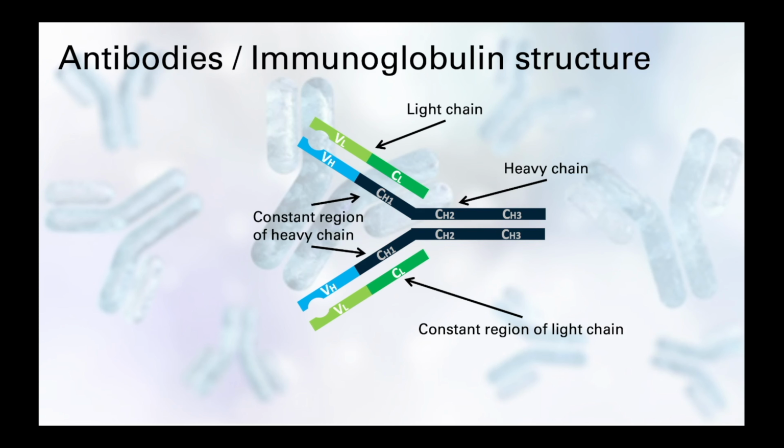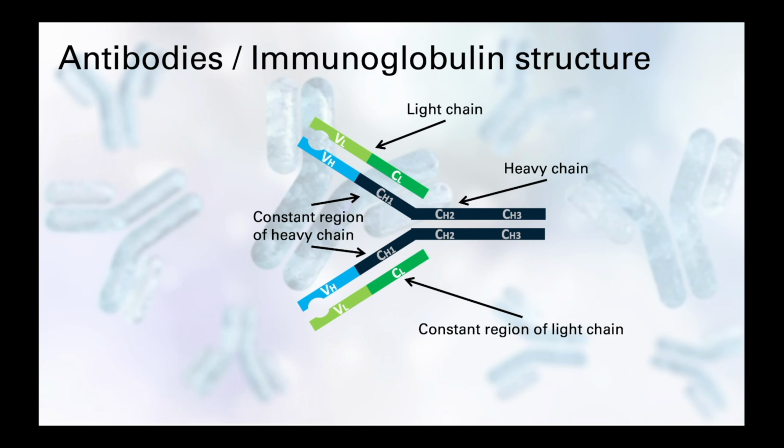The number of constant heavy domains can vary between antibody classes, with IgE and IgM having 4 constant domains, and IgA, IgD, and IgG having 3. We will discuss these different classes and their functions a little later in the video.